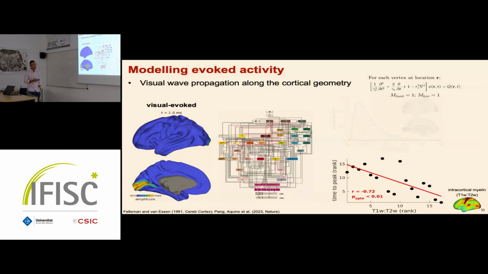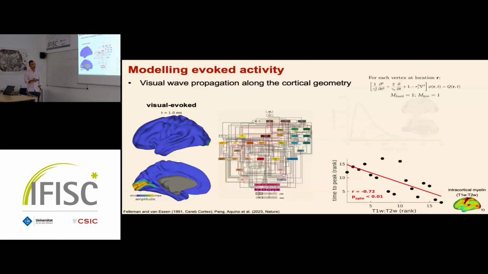Basically, if you have T1 weighted MRI and T2 weighted MRI, you just take the ratio, and it will approximate the myelin content in the brain. And this myelin content is very popular in the field because it's an approximation of, again, the hierarchy.